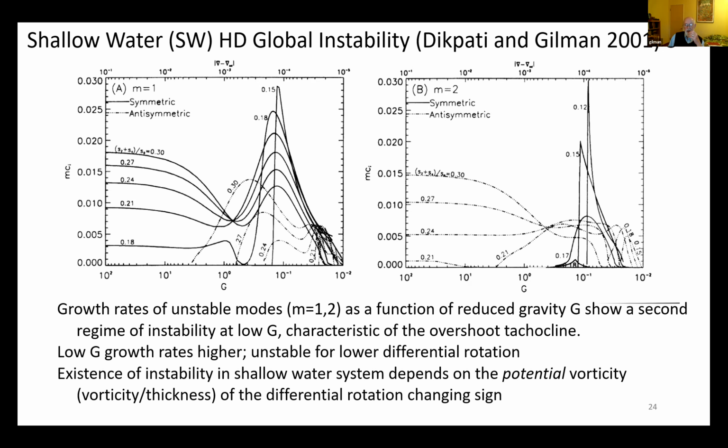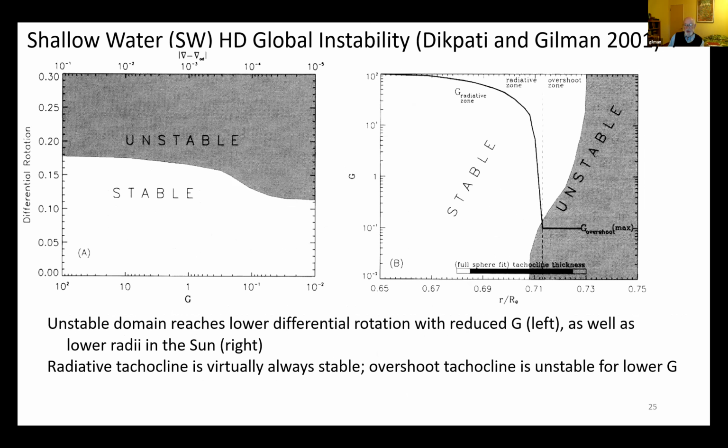But you can see kind of two regimes of instability depending on what that gravity parameter G is. And in general, you can get more instability at lower G. And if you make a regime diagram for all this in the tachocline, what you end up with is that the differential rotation as it is observed is unstable to shallow water disturbances at considerably lower total differential rotation, at lower effective gravity than when the effective gravity is high.